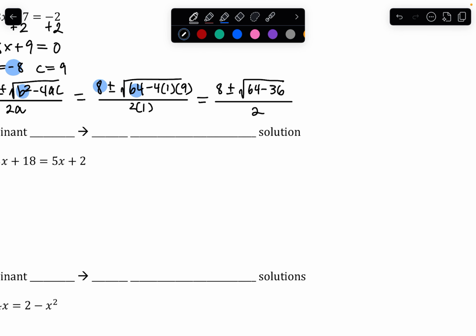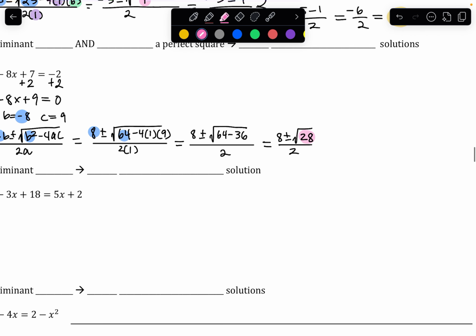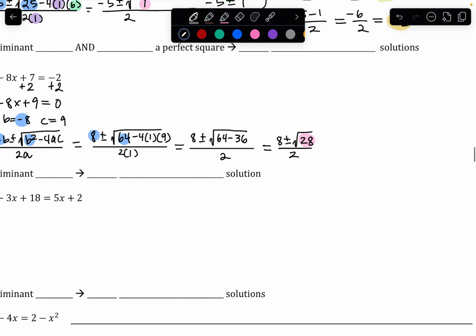The 64 minus 36 is 28, which is not a perfect square. Our discriminant is not a perfect square, but we still need to simplify the radical. That's what our last lesson talked about. If you want to make a factor tree for the 28, that would give me 2 and 14, 2 and 7.